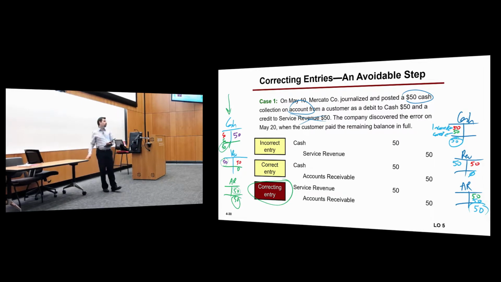Now, in the homework, you might be asked to calculate what's the amount for the correcting entry, or what will be the correct balance. But in certain cases, they might ask you for the correcting entry, in which case you will have to learn how to do the correcting entry. One way to do it, if you're fast with it, is to do both ways, and then you can check to see if you got the same results.